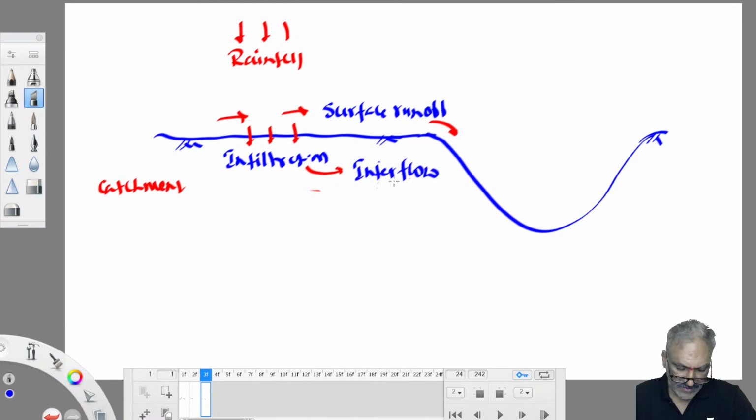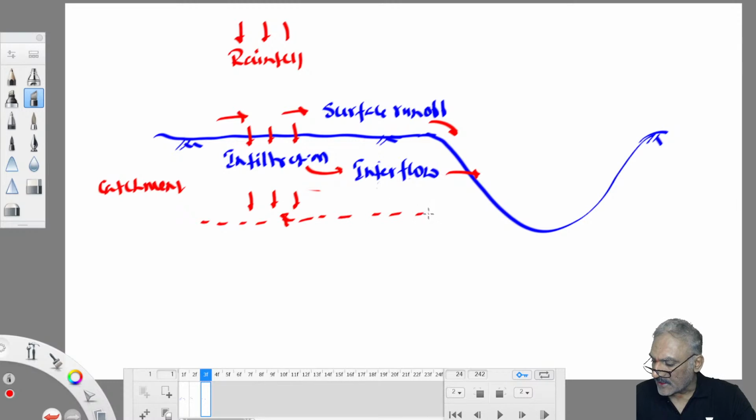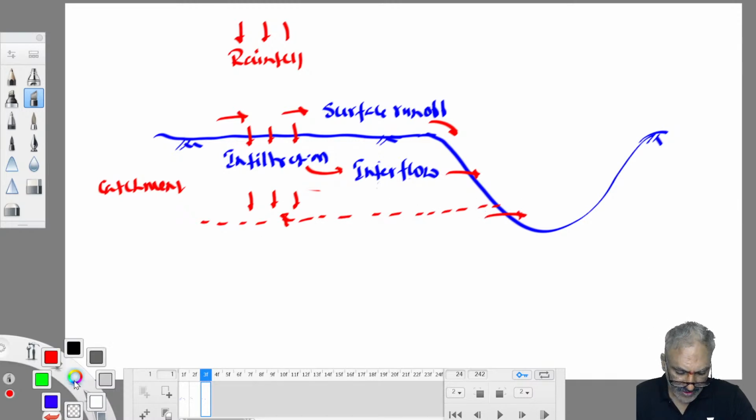Okay? And the remaining portion of runoff which flows deep inside the ground joins the groundwater table. That groundwater also doesn't remain at one place, it keeps on moving. Ultimately this groundwater is also delivered into the water course only. This portion is called groundwater runoff.